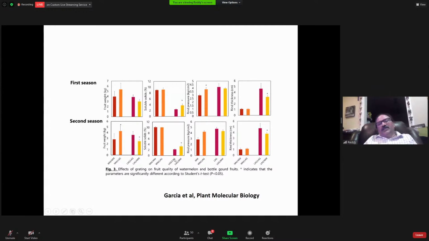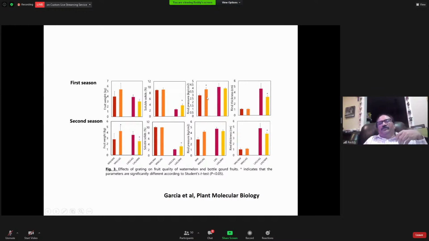But very interestingly, if the Lagenaria is grafted on watermelon, with the Lagenaria used as a scion, then you see in the bottle gourd, the sweetness accumulates. The bottle gourd that is grafted on watermelon is sweeter, not very sweet like this, but it is a bit sweeter. If somebody wants to add a couple of spoons of sugar in bottle gourd for making curry, if it is grafted on the watermelon, you don't have to do that, right? And also the rind pressure, the outer coat of watermelon is called rind.